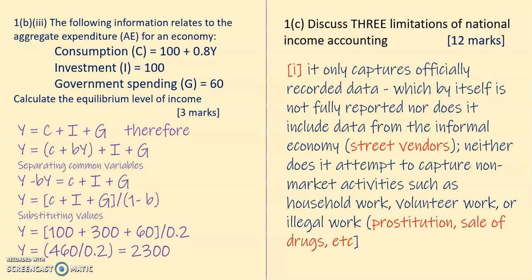Neither does it even attempt to capture non-market activities such as household work, volunteer work, or even illegal work, like prostitution and sale of drugs, etc. These things don't appear in the stats. So therefore there's a limitation, or it could be an underestimation of the performance of the economy.